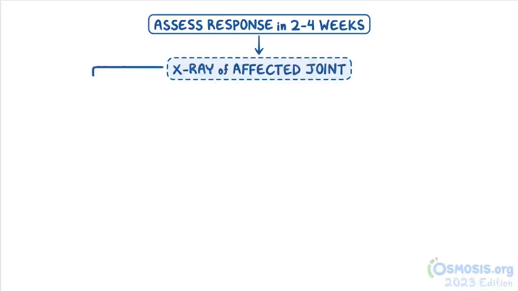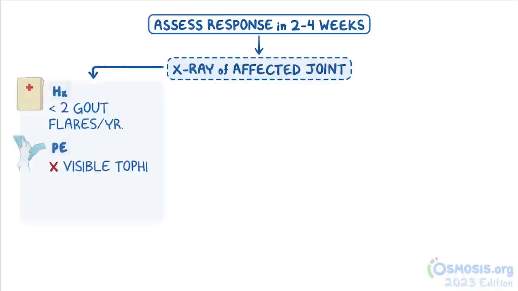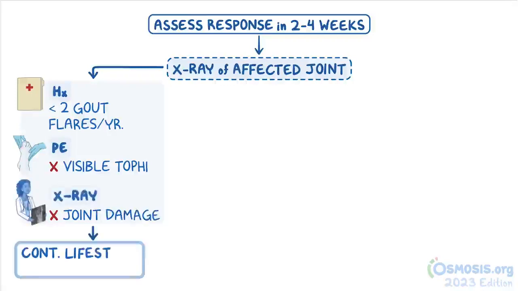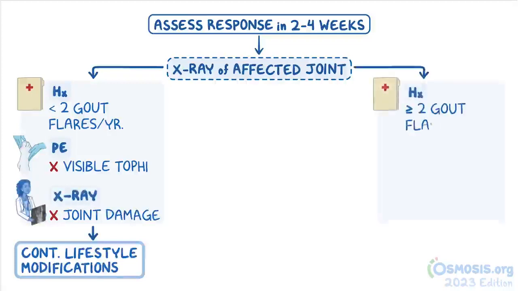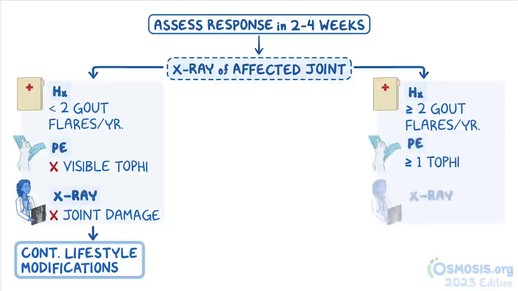If your patient has impaired renal function or cannot tolerate NSAIDs or colchicine, give an oral or intra-articular glucocorticoid instead. Keep in mind that you should avoid glucocorticoids if you suspect a concurrent infection or if your patient has brittle diabetes. You should also review your patient's medication list, and if they are taking a diuretic, discontinue it or adjust the dose.